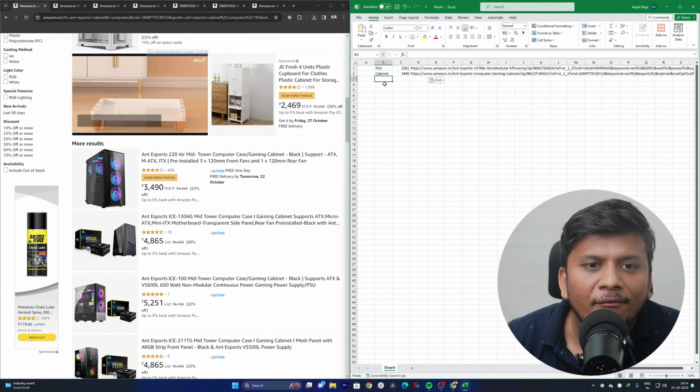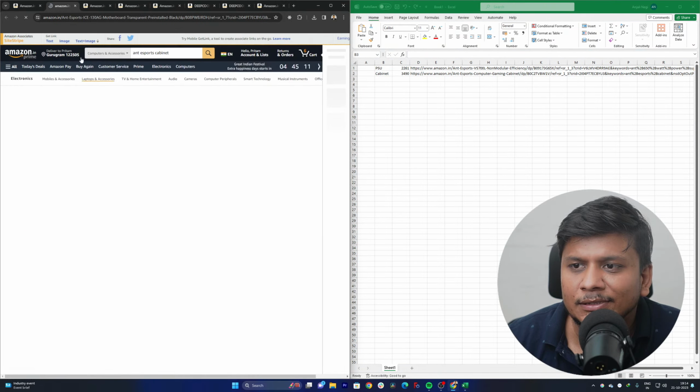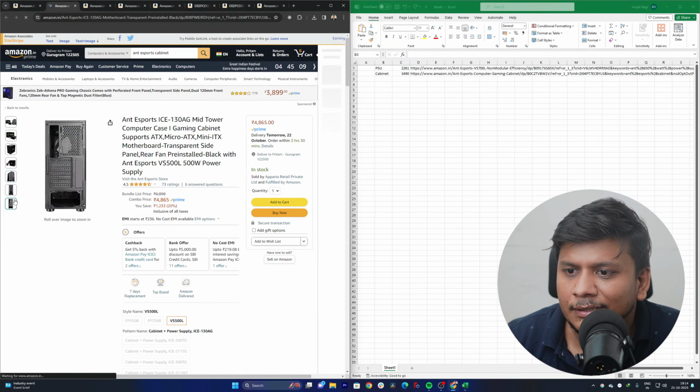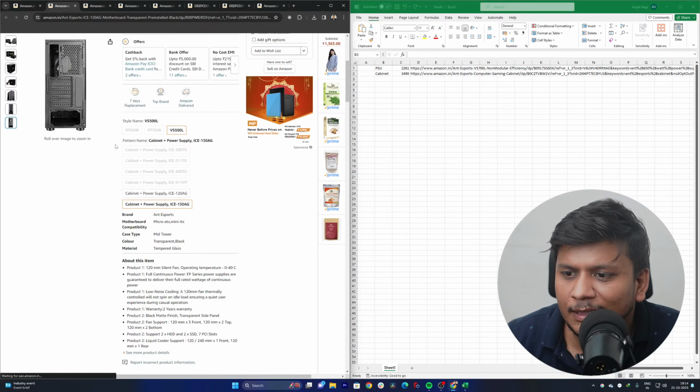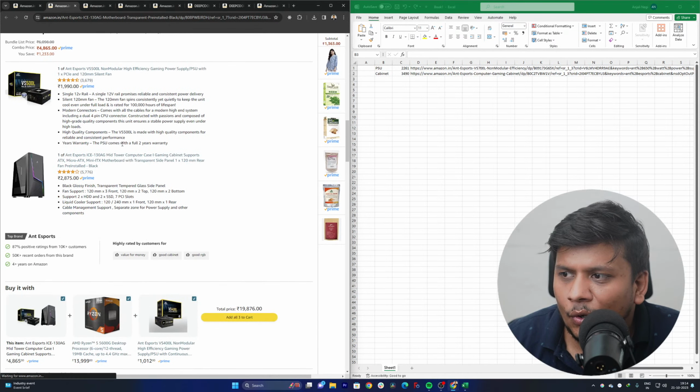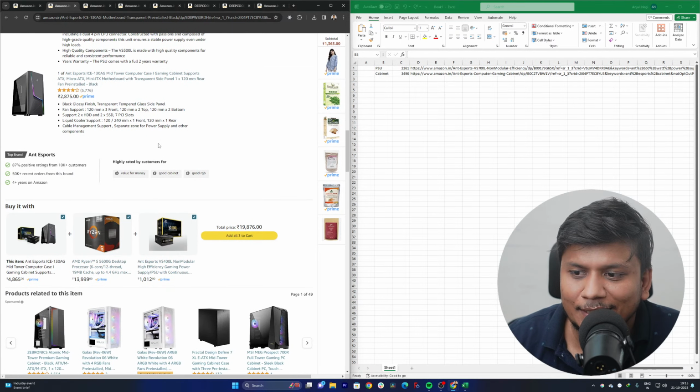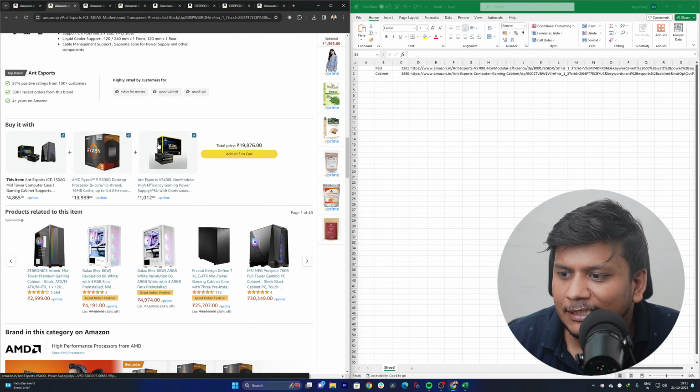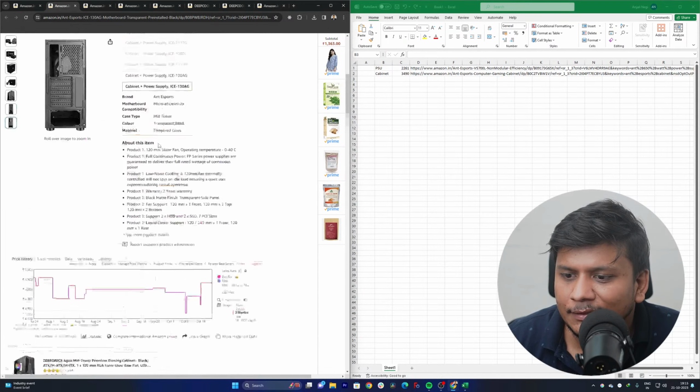So we have finalized the PSU, we have finalized the cabinet, and let's say you do not like that one, then we can actually go with this particular one. And let's say you also would like to go with a combination, then this one is decent enough.